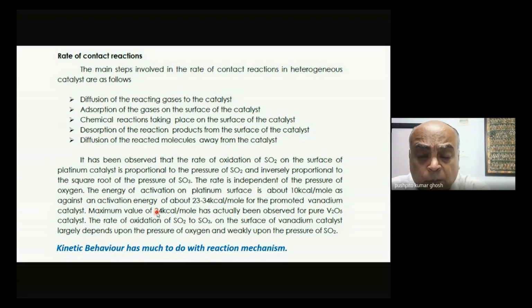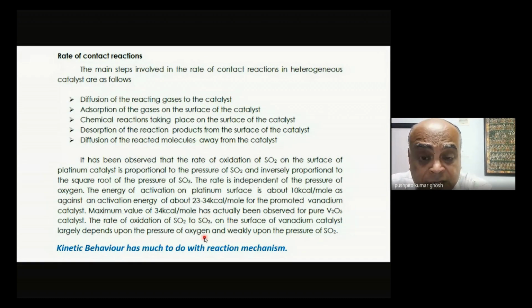That's how the term promoter comes in, and that's how you get a relatively lower activation barrier because of these promoters. Now, the other very interesting thing is that the rate of oxidation of SO2 to SO3 on the surface of vanadium catalyst largely depends upon the pressure of oxygen and weakly upon the pressure of SO2. Exactly the opposite of platinum.